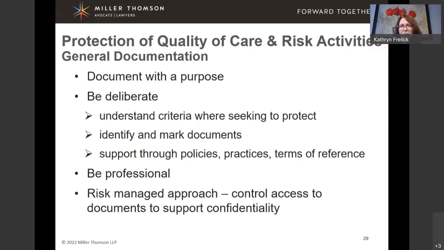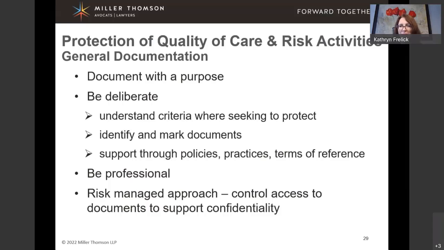So just to wrap that up, when you are documenting, document for a purpose. Be deliberate and understand the criteria you need to meet when you are seeking to protect your documentation. Identify and mark those documents, and support your practice through your policies and terms of reference. Always be professional and take a risk managed approach.